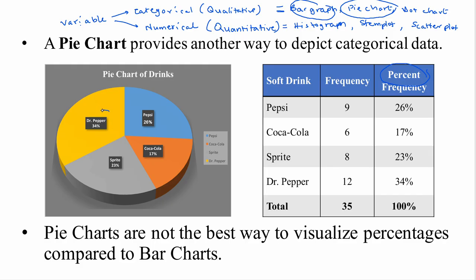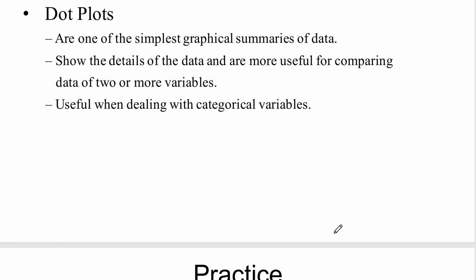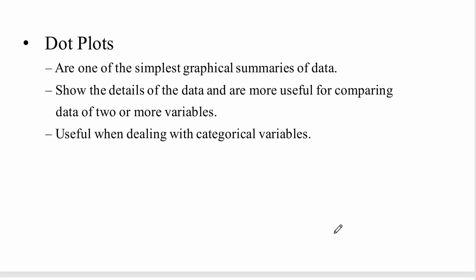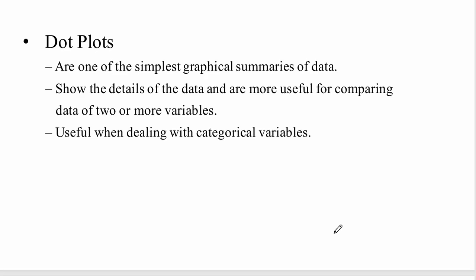So Dr. Pepper, which has the highest visual size of 34%, clearly is bigger than the Coca-Cola, which has the smallest percentage. Some people may think pie charts are not the best way to visualize compared to bar charts, but I always encourage that you go with a pie chart if you have to visualize percentages.